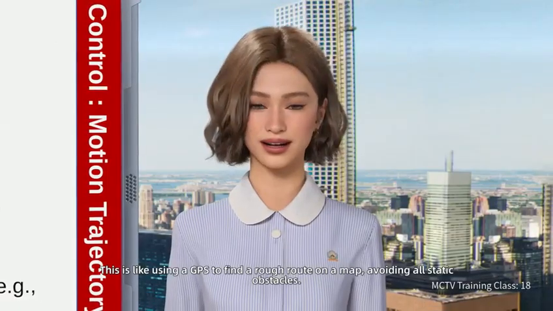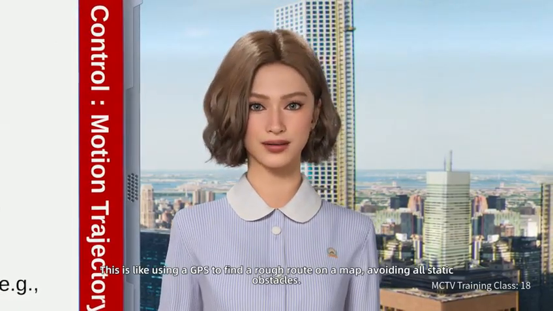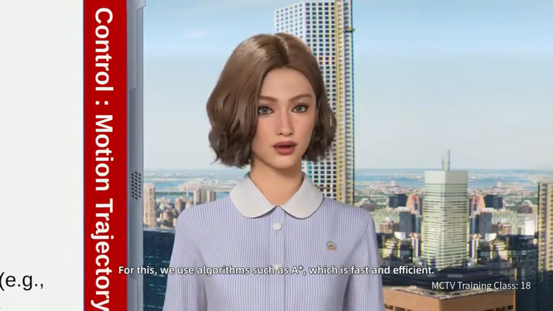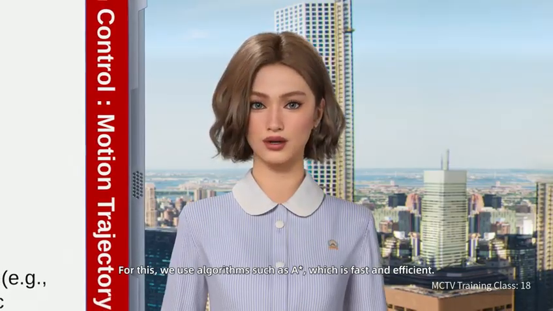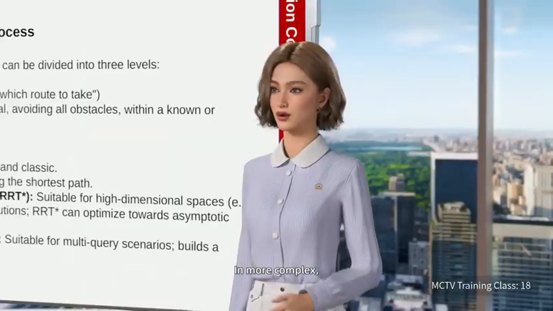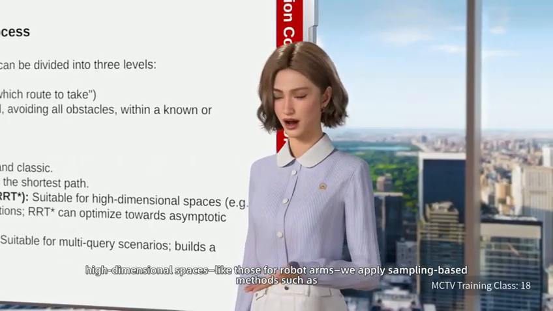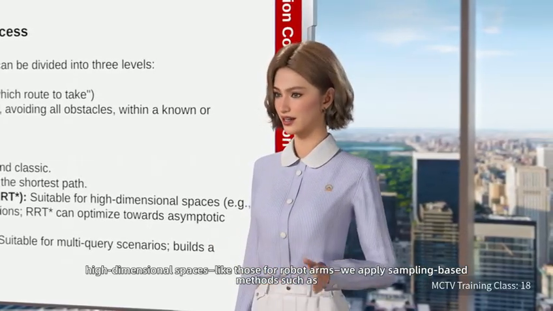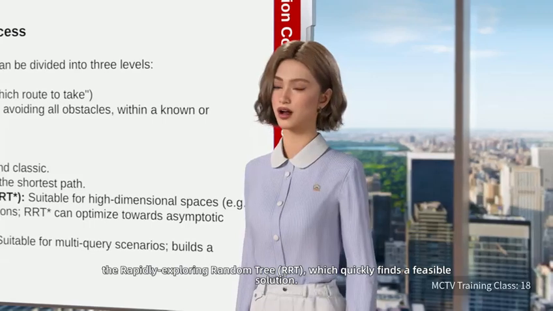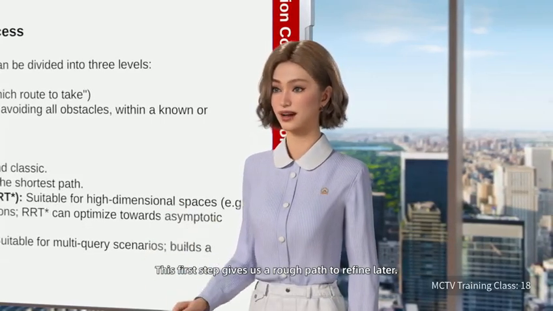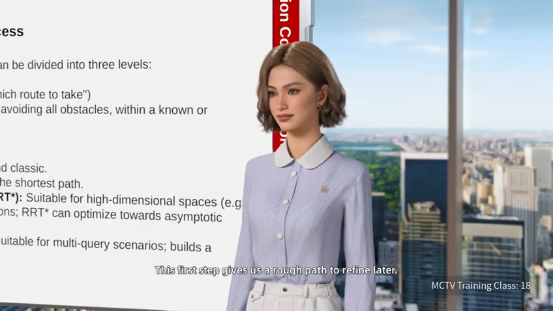This is like using a GPS to find a rough route on a map, avoiding all static obstacles. For this, we use algorithms such as A*, which is fast and efficient. In more complex, high-dimensional spaces, like those for robot arms, we apply sampling-based methods such as the rapidly exploring random tree, RRT, which quickly finds a feasible solution. This first step gives us a rough path to refine later.